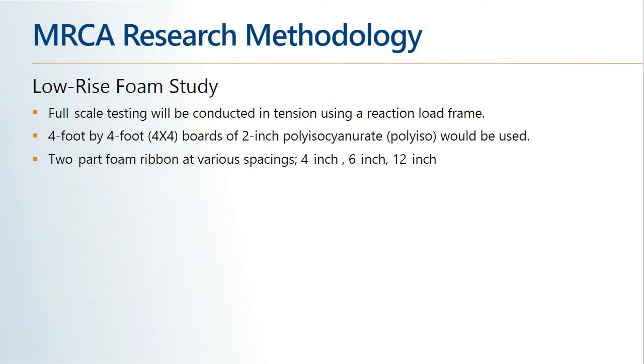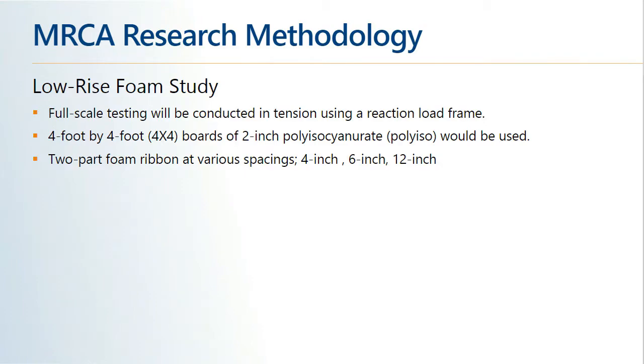There are 4 foot by 8 foot boards out there, but those are commonly only used in a mechanically attached type of situation. And in many scenarios, adhering those boards is not permitted by most roofing manufacturers. And then we'd be using the two-part foam urethane adhesive applied in ribbons at various spacings.